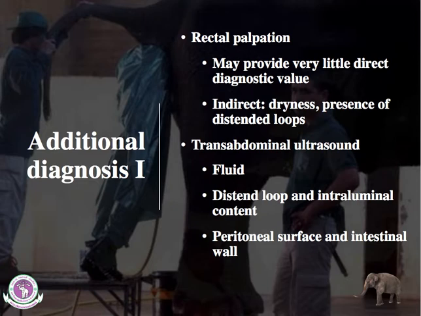Transabdominal ultrasonography is different from other species, but it helps you identify fluid, especially when you want to perform abdominocentesis. I think you should perform the ultrasonography first, and you might see the distended loop and the intraluminal content.